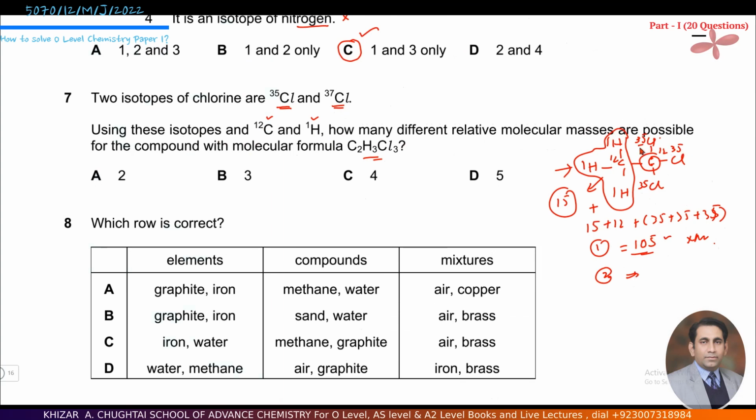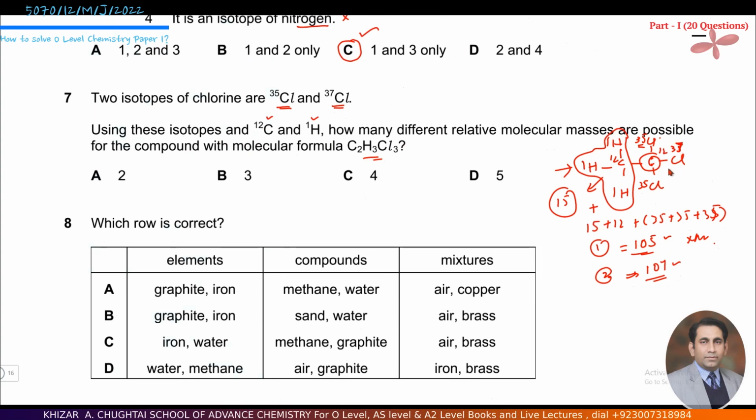If one Cl is 35, and let's suppose the second one is 37, so two Cl of 35 mass and one of 37, its mass will be 107. That is the second possible mass, 107.